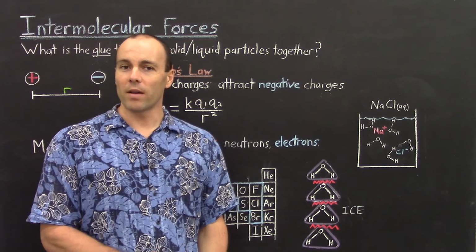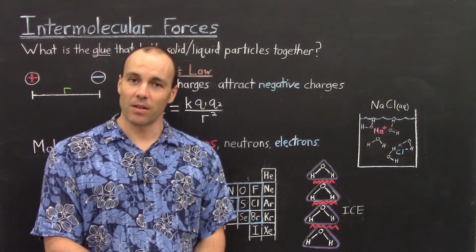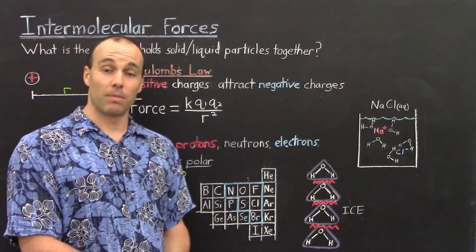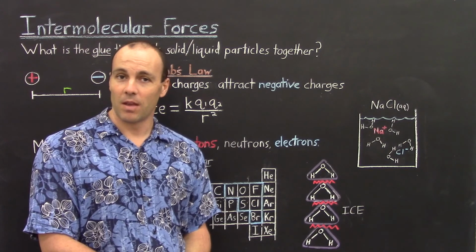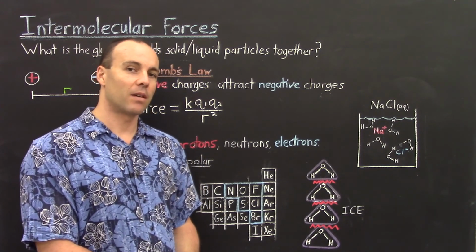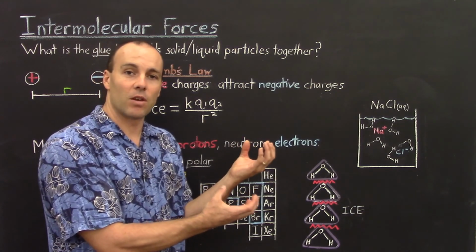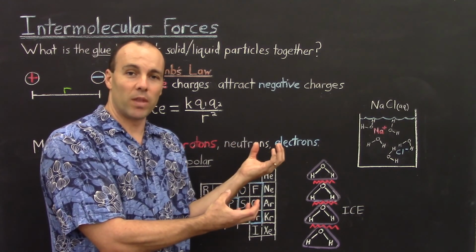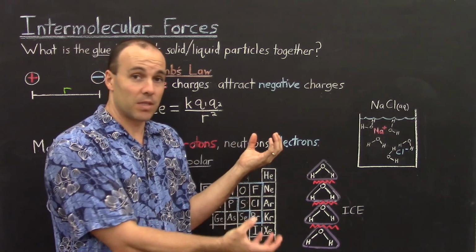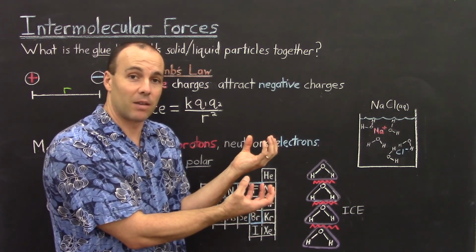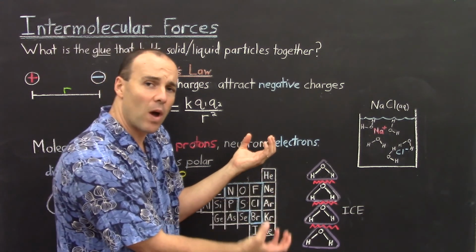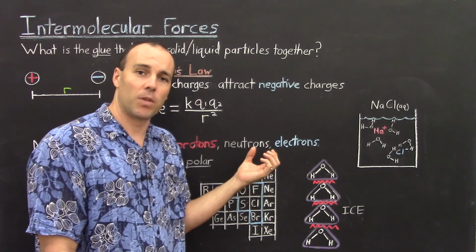And when water is cooled down, the molecules, remember, move more slowly. And when you cool water down enough, the molecules end up feeling each other. That dipole within one molecule feels the dipole in the next molecule. And what happens is the water molecules end up lining up with each other.